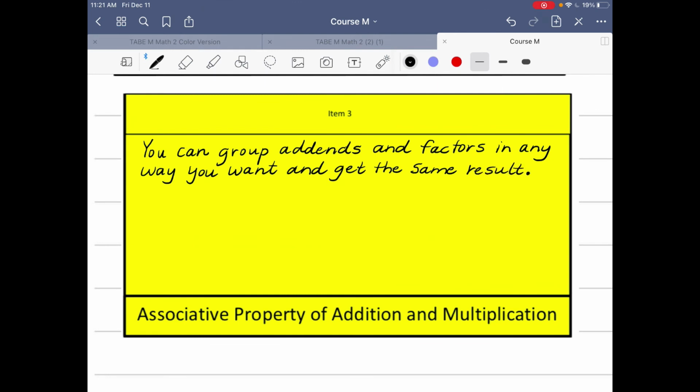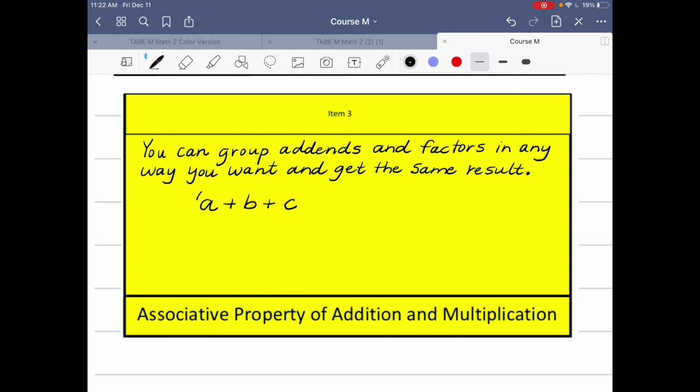And here are two examples. Let's say that I want to add A plus B plus C. And I like to put practical words with this. So let's say that I'm adding some apples, some bananas, and some cookies.